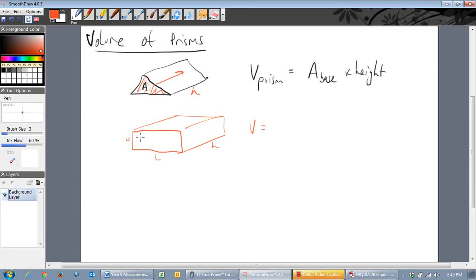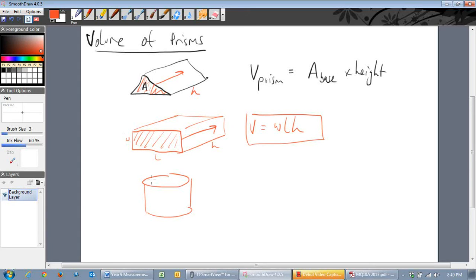Well, it's the area of its base, so this thing here, times its height. That's width times length, the area of this base, times its height. In other words, you just multiply all 3 dimensions together for the volume of a rectangular prism.